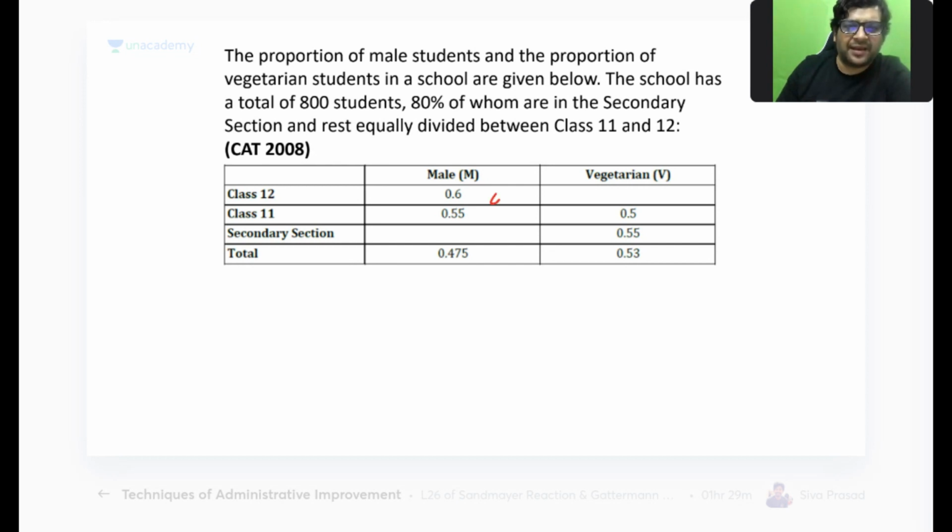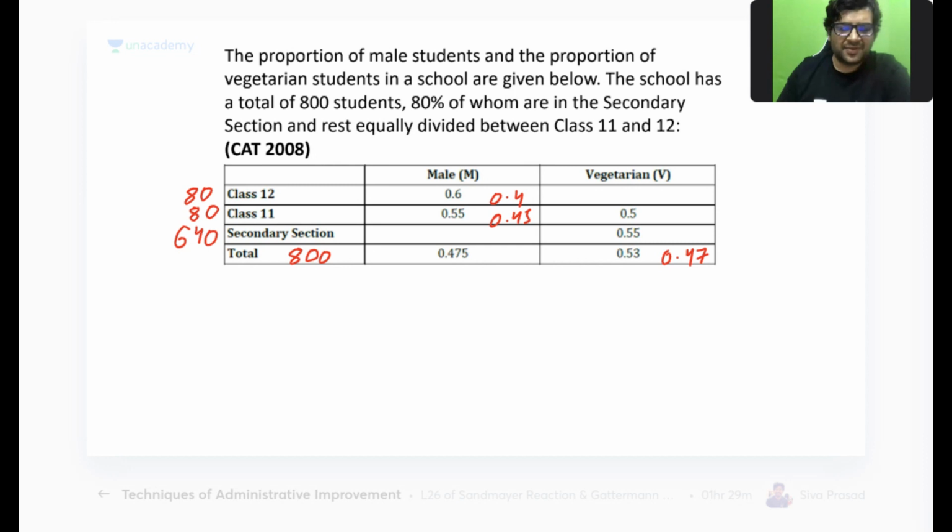So if 0.6 are male, 0.4 are female, 0.55 are male, 0.45 are female, and so on. 0.53 are vegetarian, so 0.47 are non-vegetarian. The school has a total of 800 students. Okay, 80% are in secondary, so secondary is 640, and the rest are equally divided in 11 and 12. So 160 are left. So 11 and 12 is 80-80.